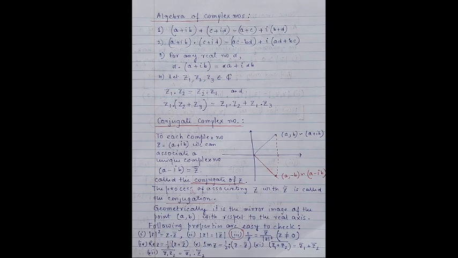Unique means that for a plus ib you will get only one number, you cannot get two numbers corresponding to a plus ib. So you will get only one complex number, namely a minus ib. That is called the conjugate of z, and it is usually denoted by z bar. Bar means a line on the top.